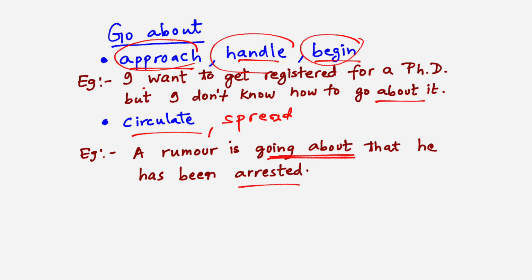So if we use go about instead of circulating or approaching or handling, it means you have better grasp over the language. And it becomes more stylish as well, it is more fluent. So I hope you understood these meanings and you will be able to use it.